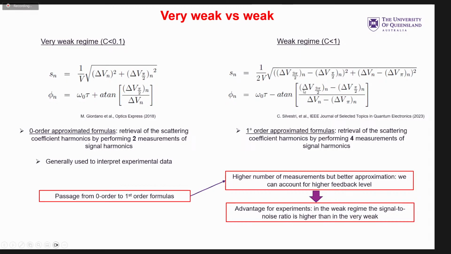In this work, we added a first-order correction. So by measuring 4 signals, we can retrieve the modulus and phase of the harmonics of the scattering coefficient. We have a higher number of measurements to be performed, but we can account for higher feedback. This is advantageous for the experiment, because in the weak regime, we have a higher signal-to-noise ratio.